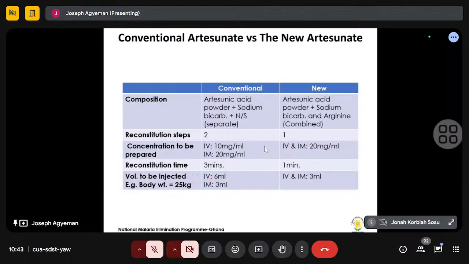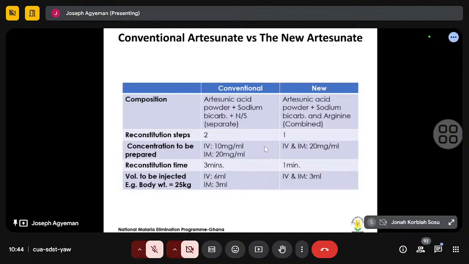Confusion. Since for the new one we are going by just one concentration, the volume is always the same. So you don't need to be thinking and cross-checking whether it is IV or IM; the final volume is always the same. For example, for a 25 kg patient, you prepare just one volume, 3 mL, because the concentration is always 20 milligram per mL.